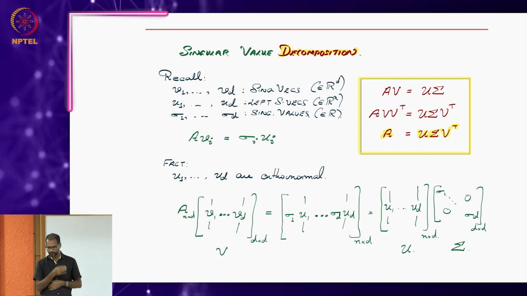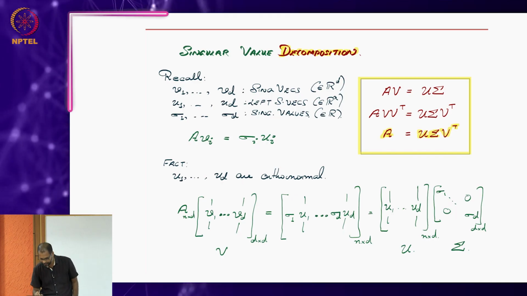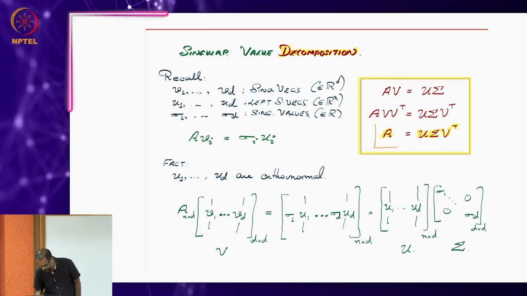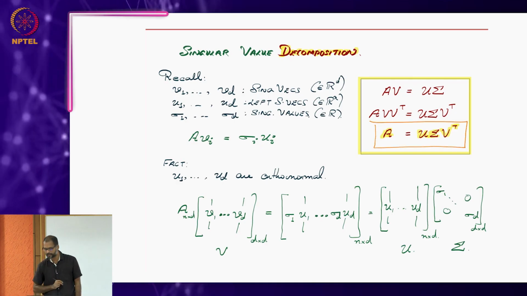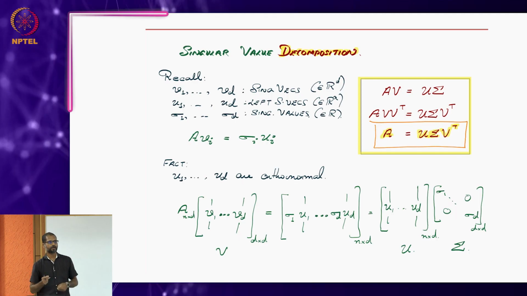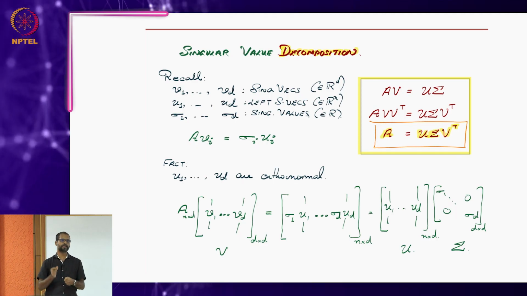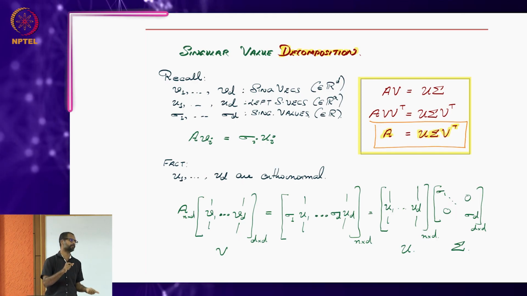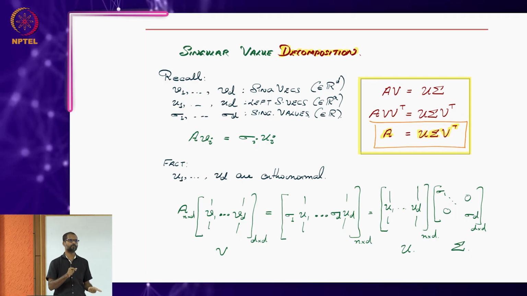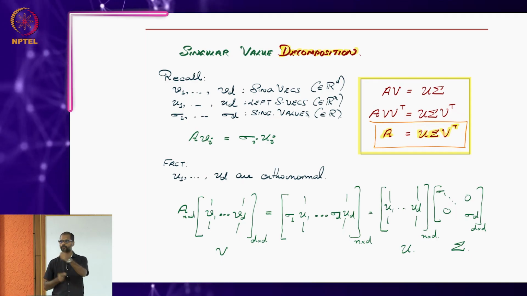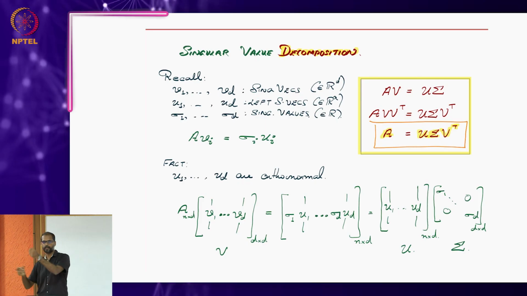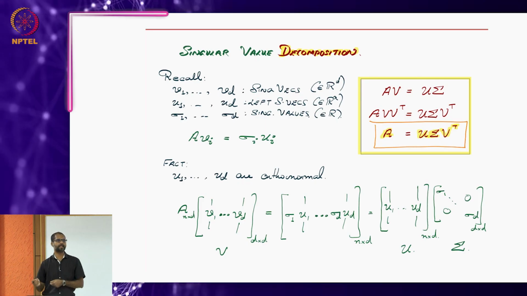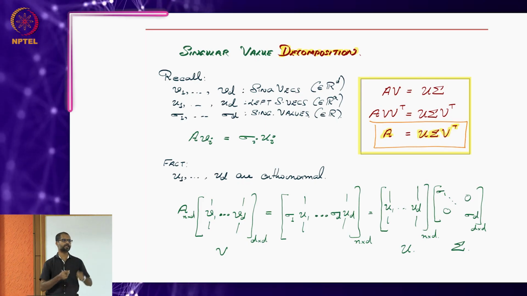So what this is saying is that any linear transformation can be modeled as a chain of 3 operations: rotation, scaling along the basic coordinate axes, and another rotation back. So you rotate to some space, then scale, and then do another rotation and get it back.